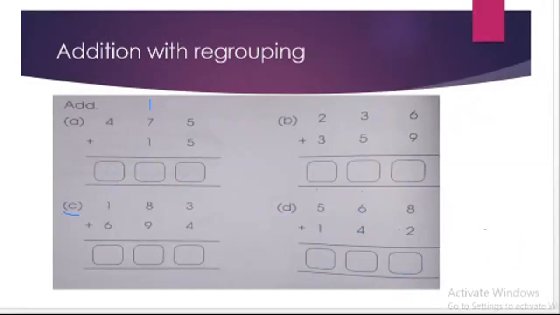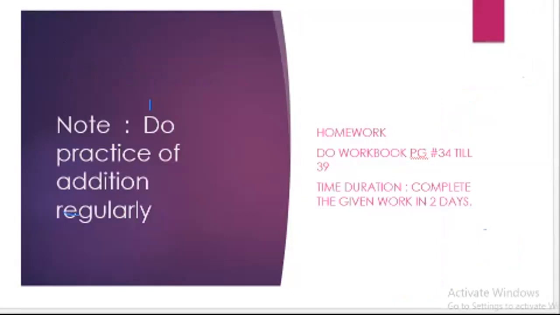Next, there are not many slides for you. I am just going to mention the homework for all of my students. The note is: practice addition regularly. The homework task is not long. It's very easy for you because I know all of my dear students can easily solve it.